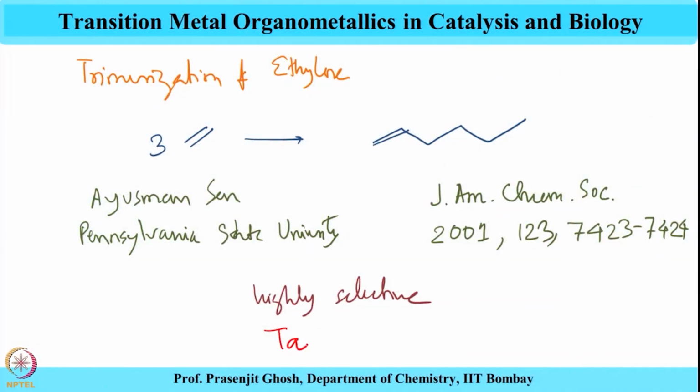And an interesting thing to note here is that for this reaction an early transition metal, a tantalum catalyst, has been used, as opposed to nickel catalysts which are often used for producing alpha olefins from ethylene oligomerization.